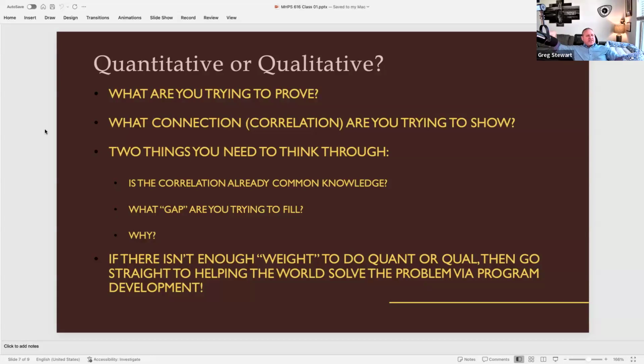Then that's your end game. You want to fill the gap with a fix. So the gap is there. Technically, I could advance the body of knowledge in this way, but the gap is not so powerful that I just need a program to fill the gap. Forget the research to fill the gap. You need a program to fill the gap. That's the best way I've ever said it right there. Are we tracking? All right.